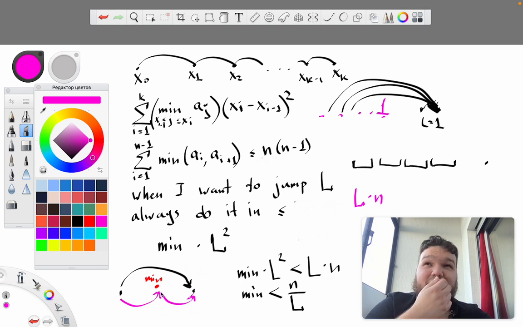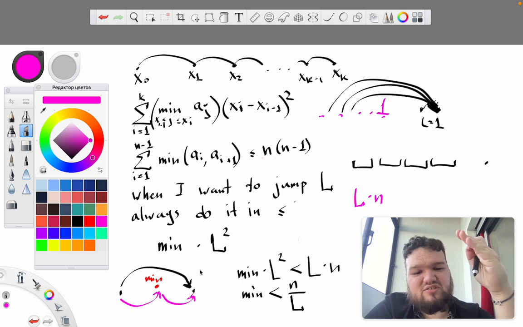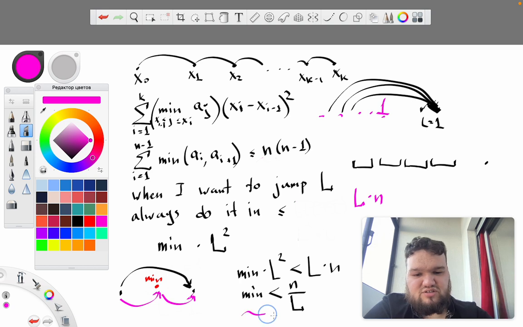So it only makes sense to do the jump if one of the elements on the ends is a strict minimum, like it's strictly smaller than everything between those two points. They can be equal, so it's not a strict minimum on the segment, but it should be strictly smaller than everything between.